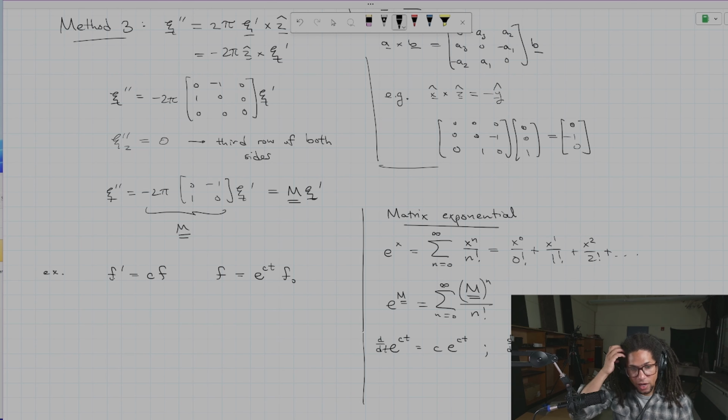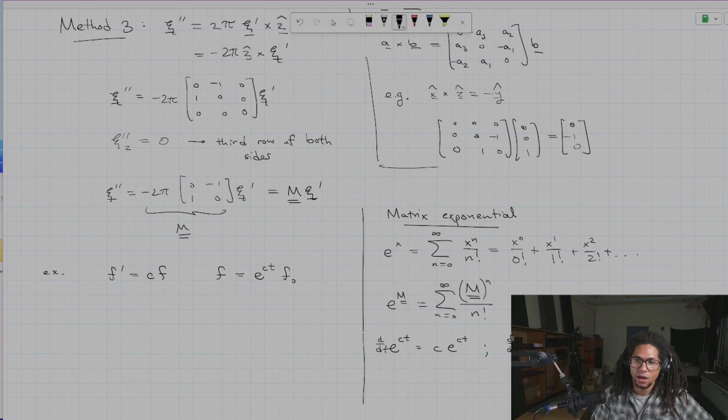You might worry that I need to worry about the order here, that M e to the Mt is not equal to e to the Mt M, but in fact they are equal. So in this case, it's no problem. I urge you, it's a very short proof to show this identity for yourself. You just need to take term by term derivatives in that series above.